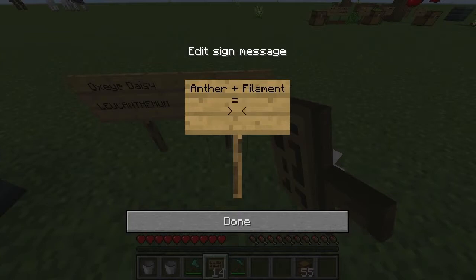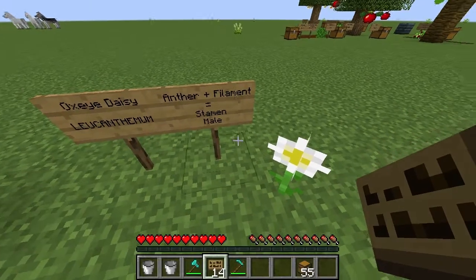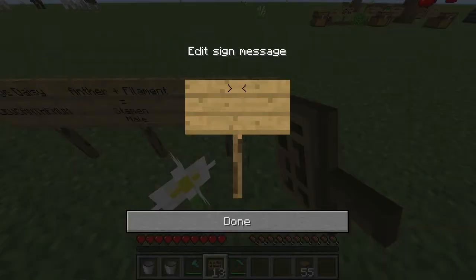This is almost like a tutorial about how plants are, but I may as well. It's a stamen, and that's the male, right?